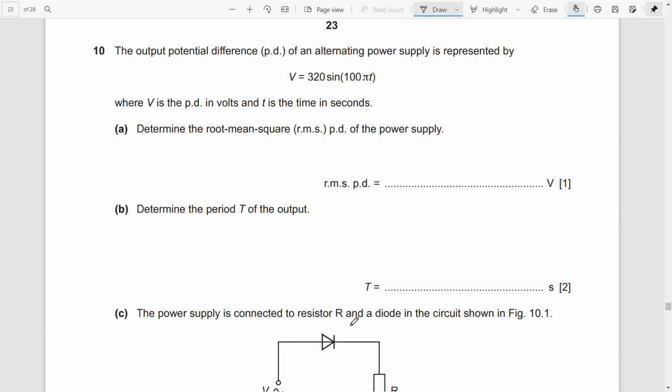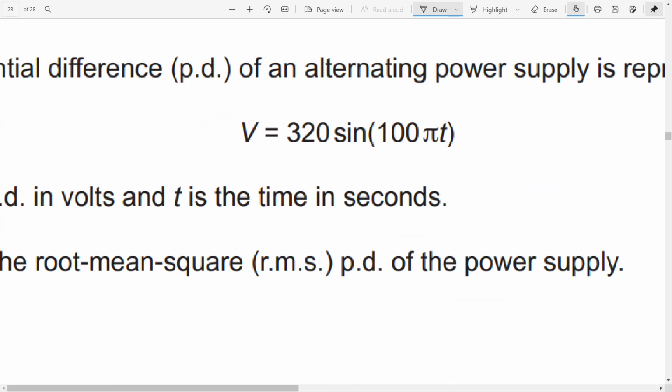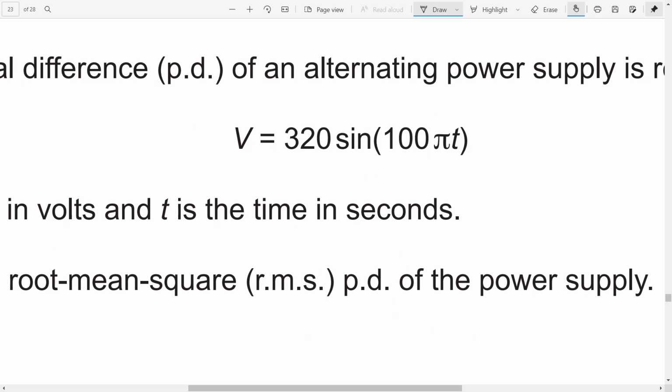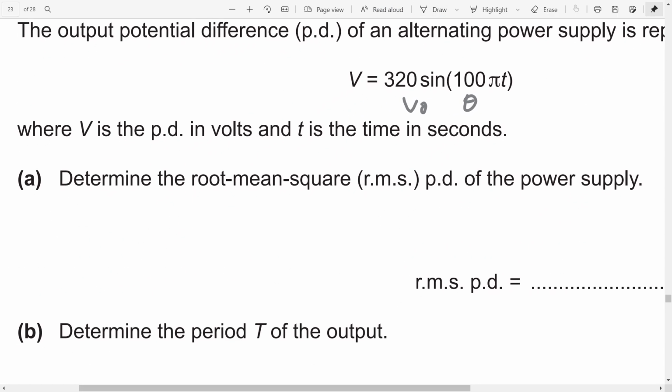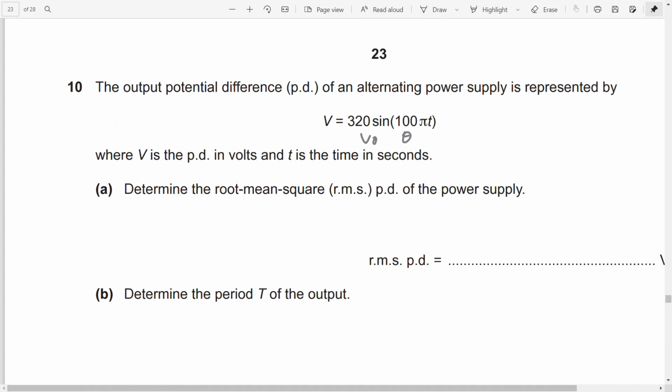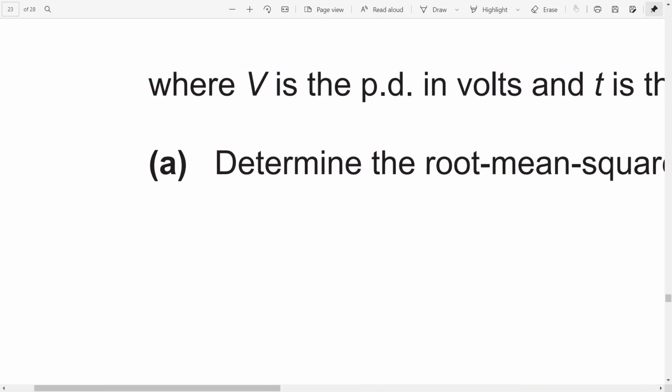Here, electric current. We know that this is actually B naught, and this is theta. So determine the root mean square. The root mean square, you know the formula, B RMS.